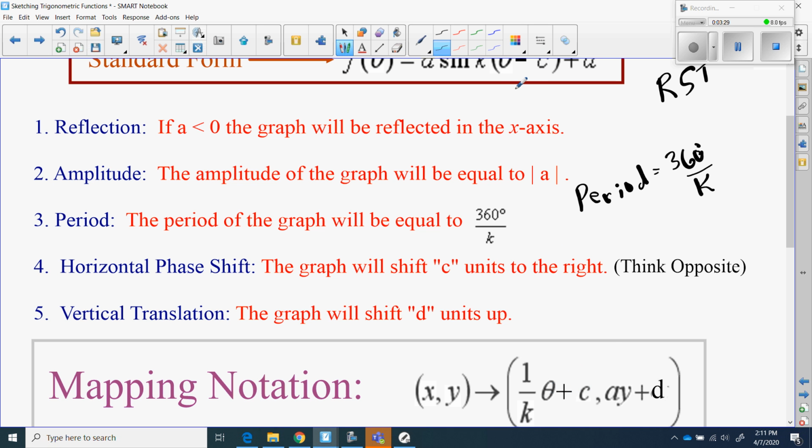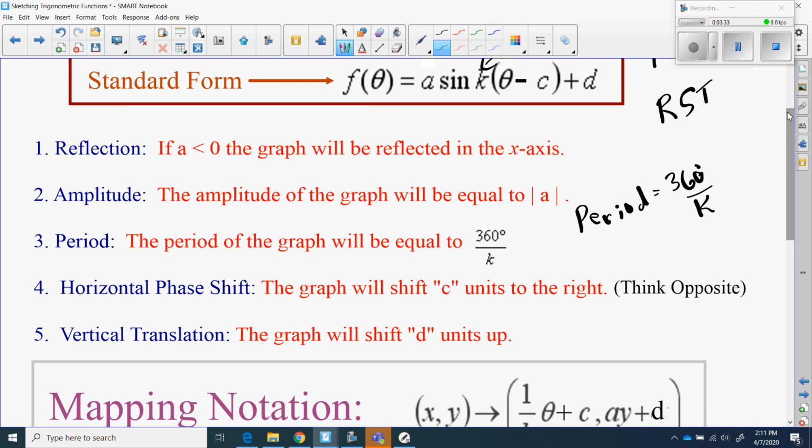So these numbers up here, the ones in the bracket, these affect the x values. And then these two on the outside are going to be the ones that impact your y values. So in A, we said that's going to be a vertical stretch. That's going to make the y values either get bigger or smaller, depending on what kind of number that is.